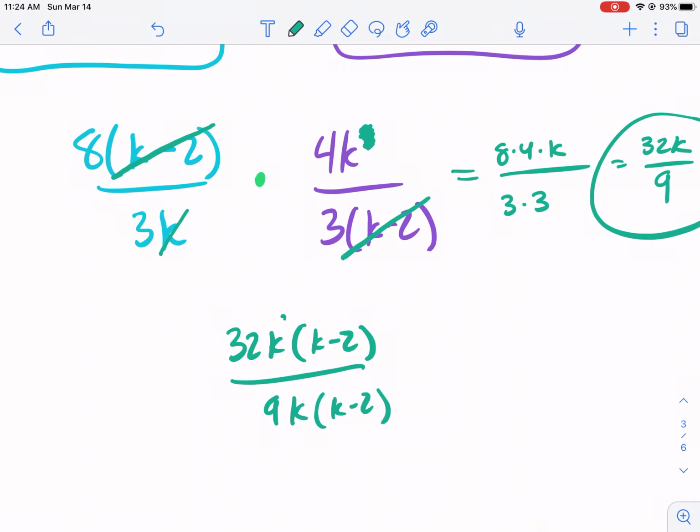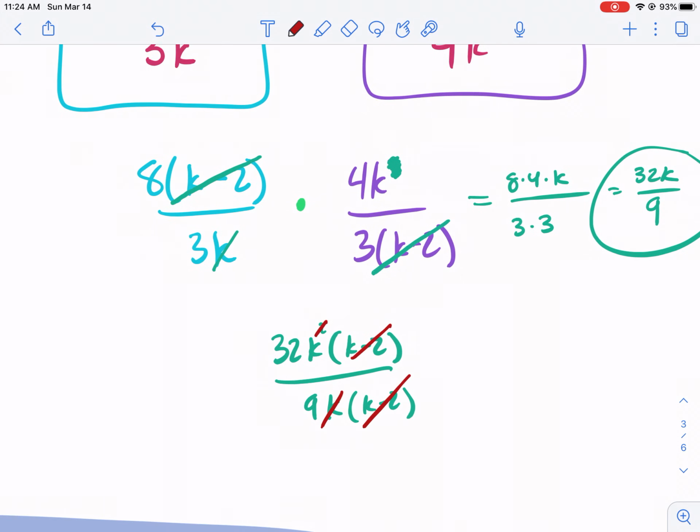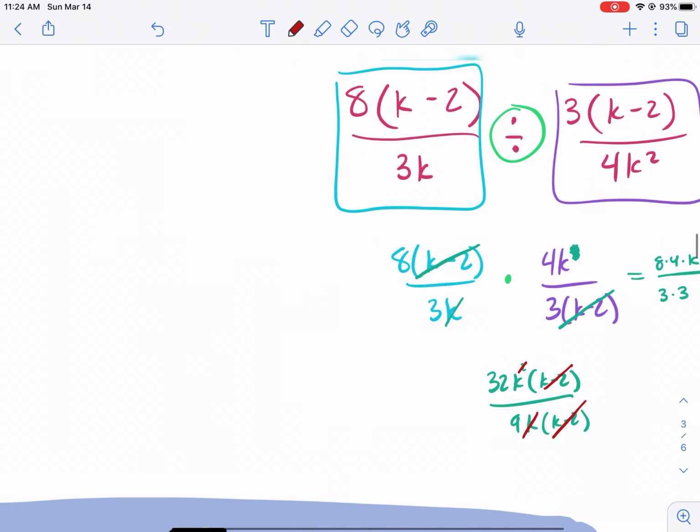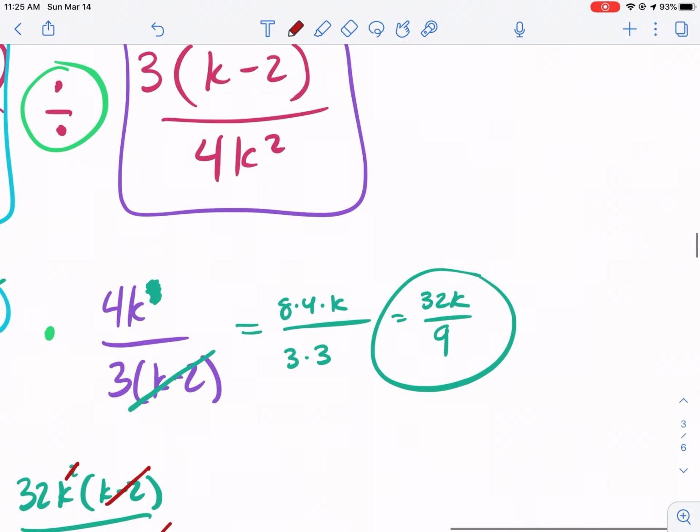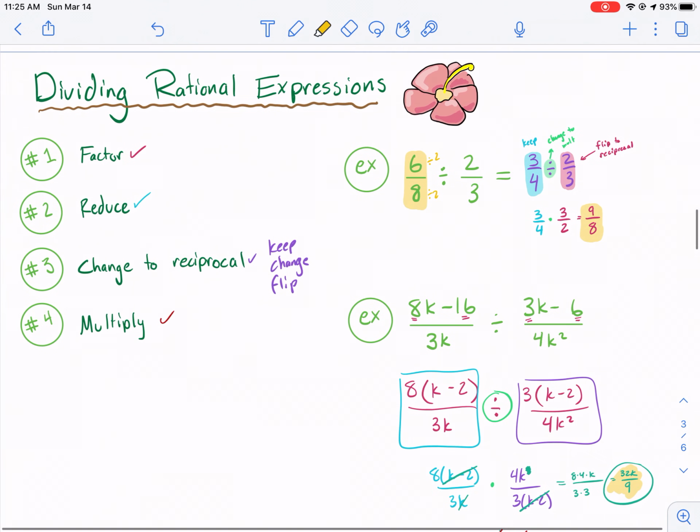Sorry, I forgot the squared; that was there originally. Obviously, we can do the same thing after we multiply, but most of the time it's easier to do it before in this step. Okay, so we're done with multiplying, and this is our final answer right here, 32k over 9.